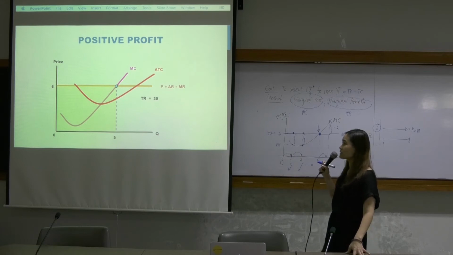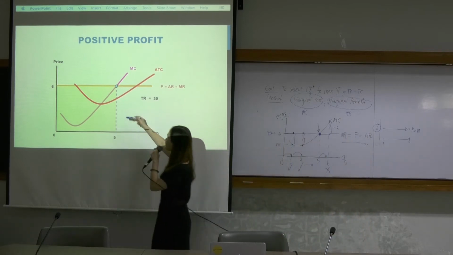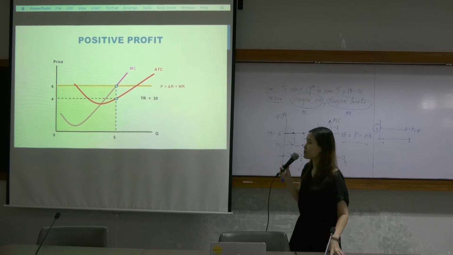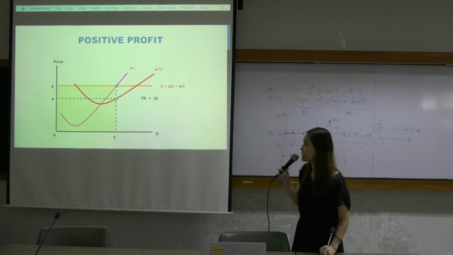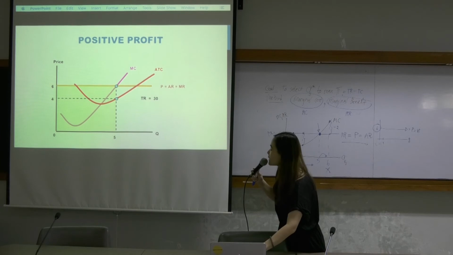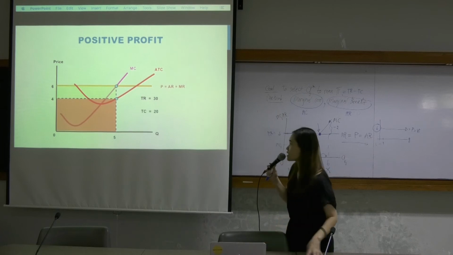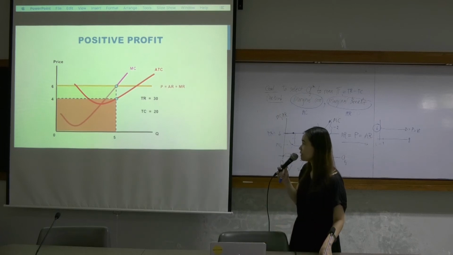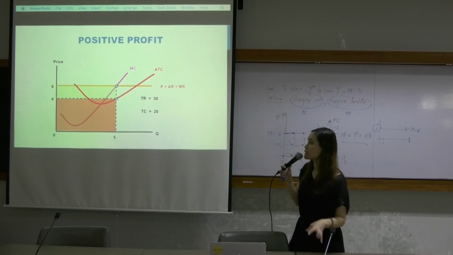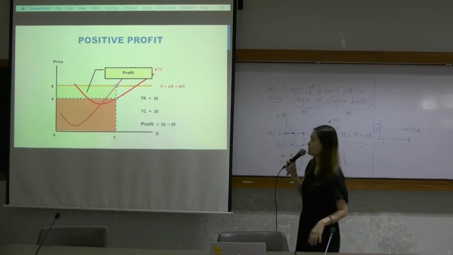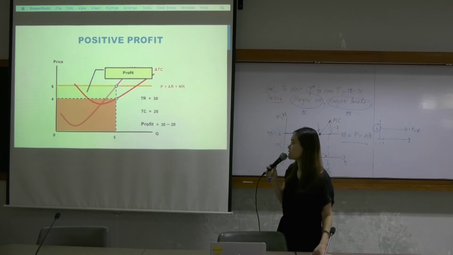If the average total cost of producing 5 units of output is $4, then the total cost is 4 times 5, which is 20. And if you know the total revenue and total cost, the profit is simply $10 here, the gap between the total revenue and the total cost.